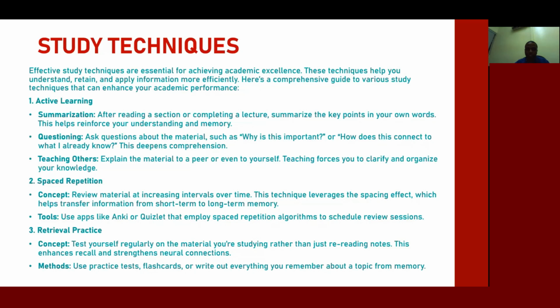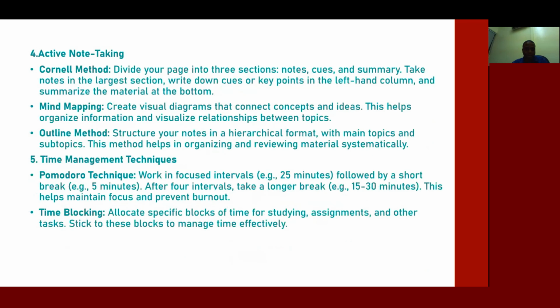But by the time you do more practice questions, that's when you realize that you need to emphasize or give attention to some specific topics. And therefore this will improve your memory and your understanding level when you study.